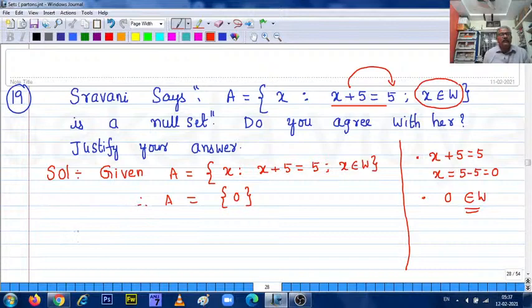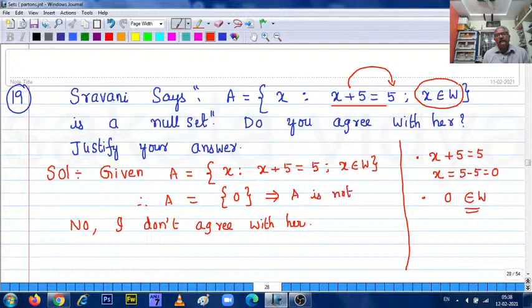Therefore, no, I do not agree with her. Here that implies A is not a null set. This is called a singleton set. No, I do not agree with her. Absolutely correct.